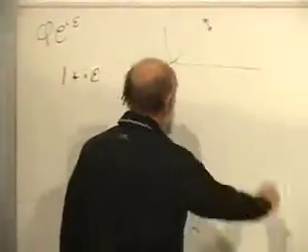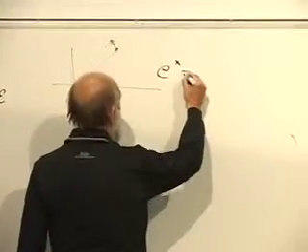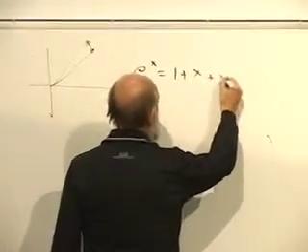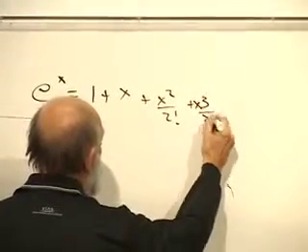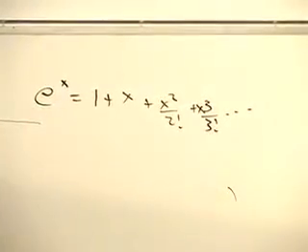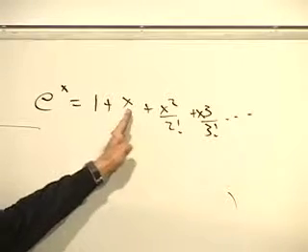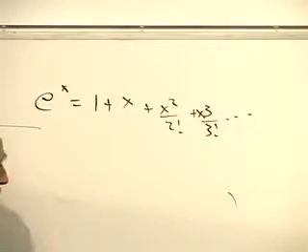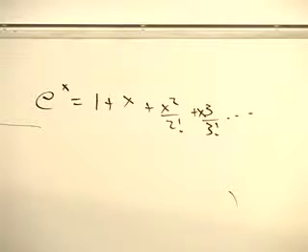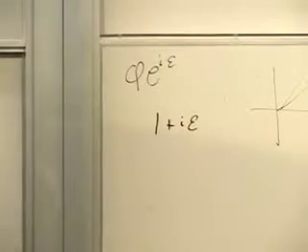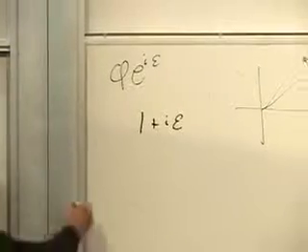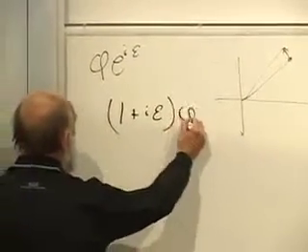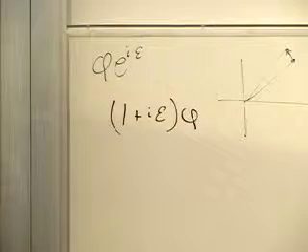That's just the formula that e to the x is equal to 1 plus x plus x squared over 2 factorial plus x cubed over 3 factorial, and so on. If I terminate this after the first term for very small values of x, then e to the x is 1 plus x. E to the I epsilon is 1 plus I epsilon. So for small epsilon, what we're doing is multiplying phi by 1 plus I epsilon.